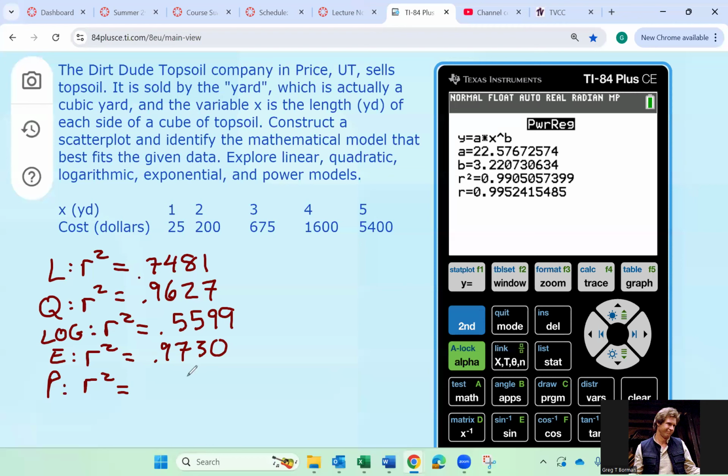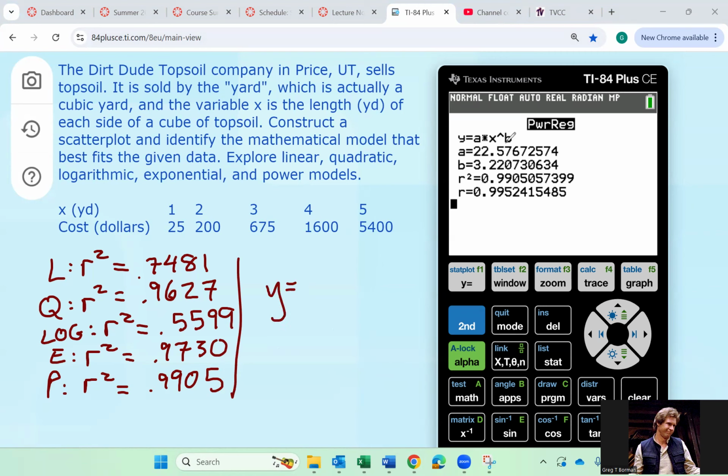And let's see, we get 0.9905. Holy cow. Okay, looks like we got ourselves a winner. So power is the best one. Therefore, it's going to be the power model. So our equation will be y equals, and you just follow what it says.